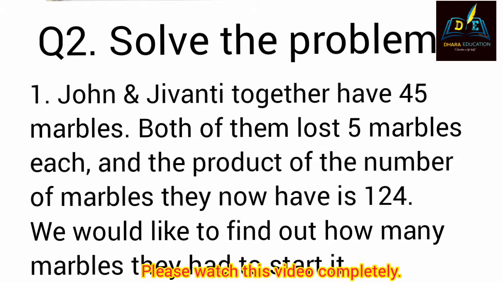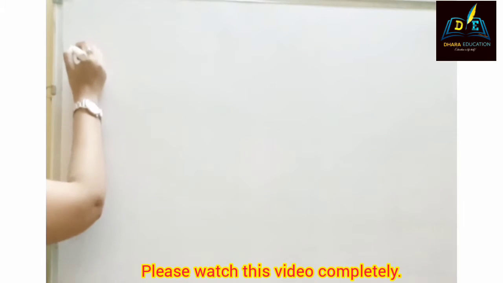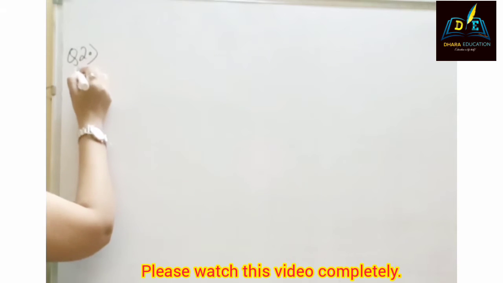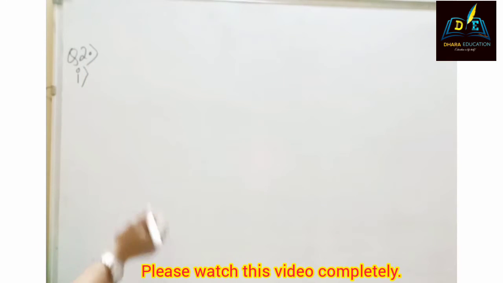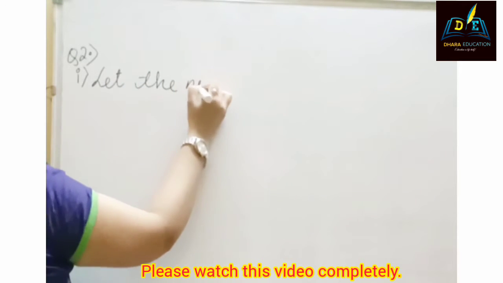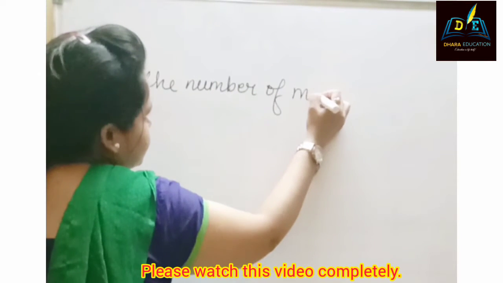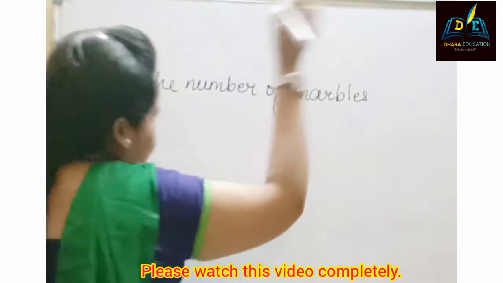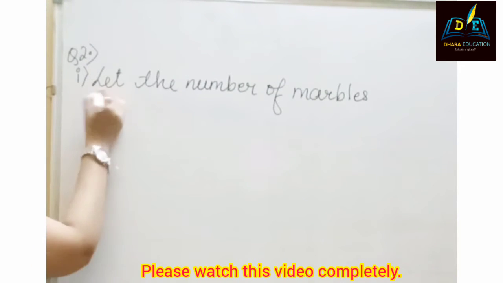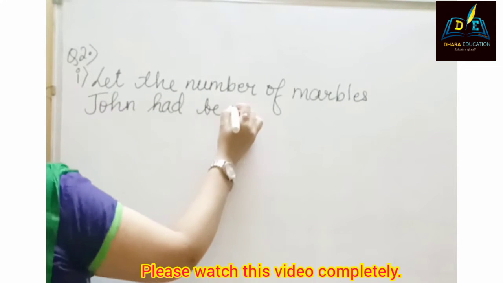So here students, we will start with the equation and the conditions which are given in the problem. So let's start question number 2, sub question 1. Here we will write, let the number of marbles John had be x.